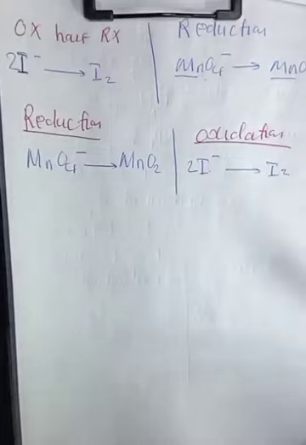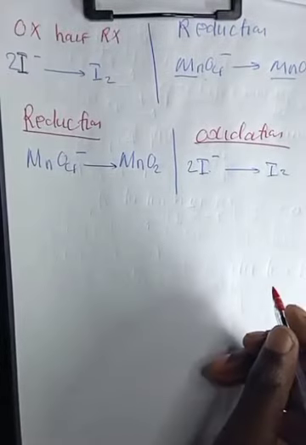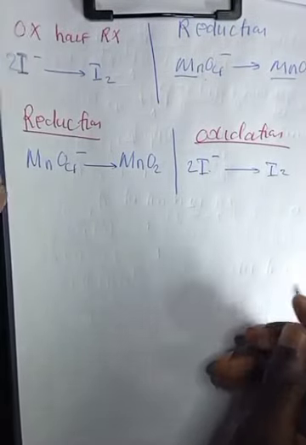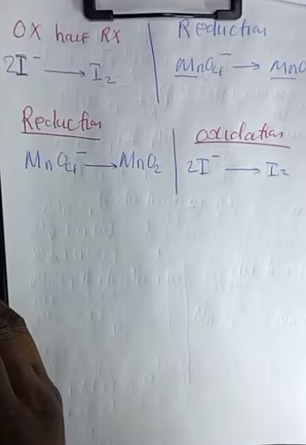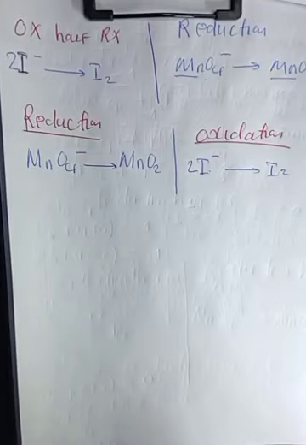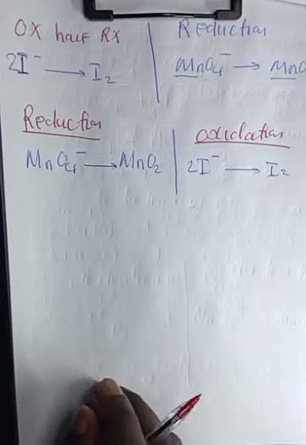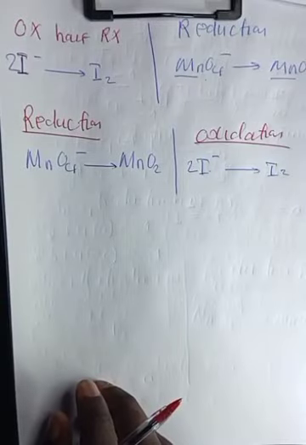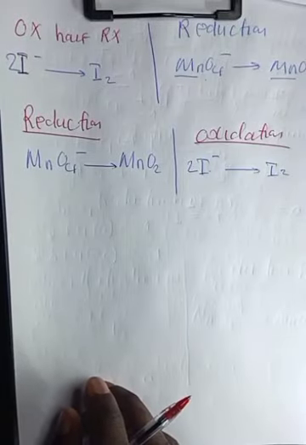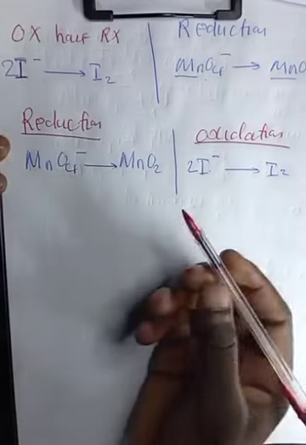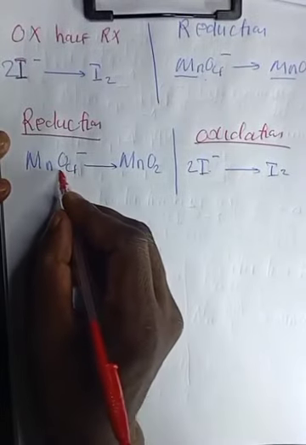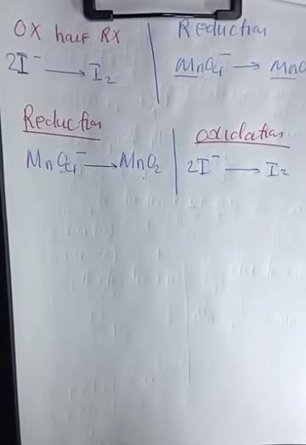So we have done step 1 to assign oxidation numbers. We have done step 2 to identify which one is the reduction, which one is the oxidation. We have done step 3 where we split the two. Now we have also balanced. So now after this, we have to balance oxygen using water. So now let's balance oxygen. Since we have oxygen here, we need to balance it.